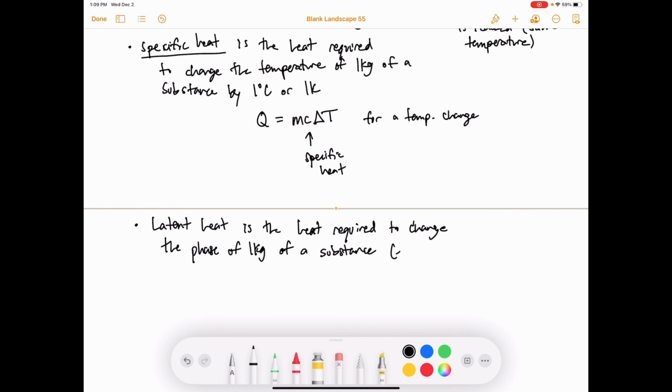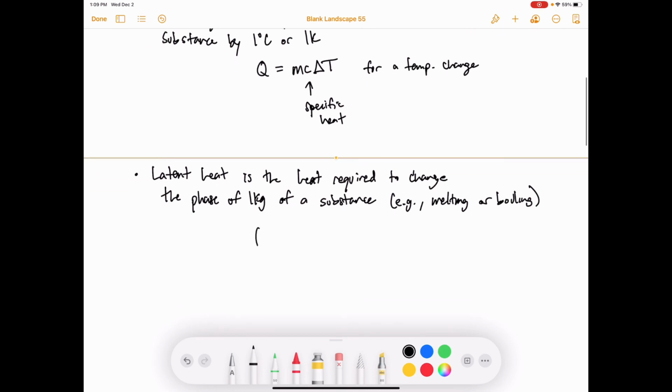So for example, melting or boiling are examples of phase changes. So it takes heat, Q, in order for a phase change to happen. Q is given by plus or minus m times L, that's the latent heat, for a phase change.